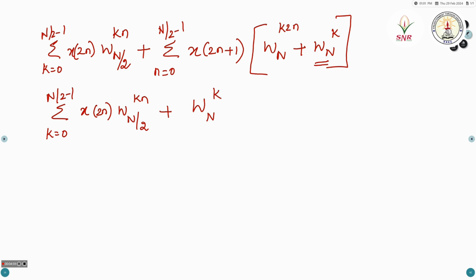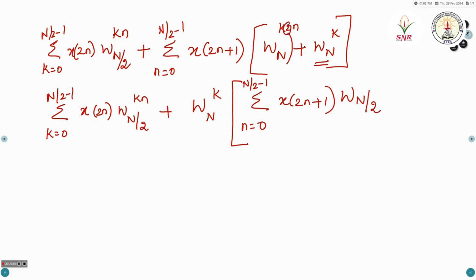So it becomes W_N^k into summation n equals 0 to N by 2 minus 1 of x(2n plus 1) into W_(N/2). This 2 becomes the denominator, so it becomes kn.